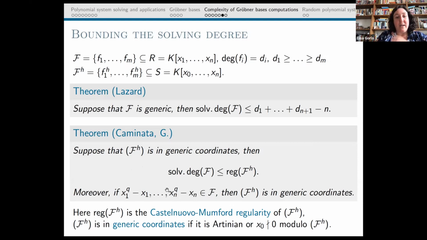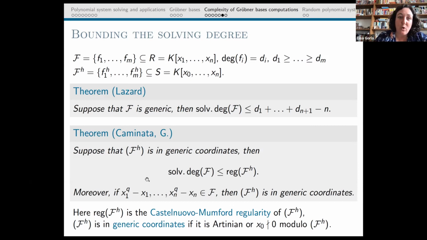Up to a random change of coordinates, this is always true. Another thing we proved is that if you have the field equations in your system, which you could consider adding if you have a finite field and the degrees are not too big, then you are in this assumption, and you always have this bound.